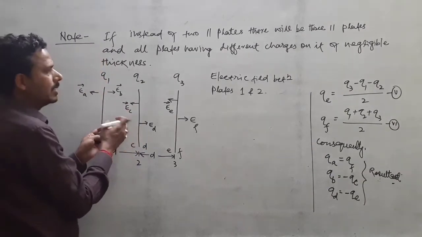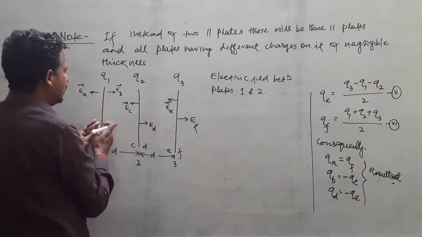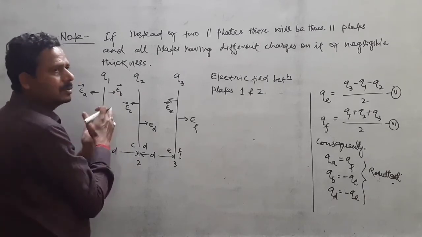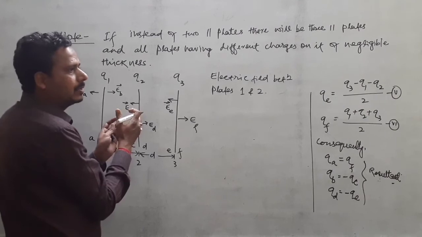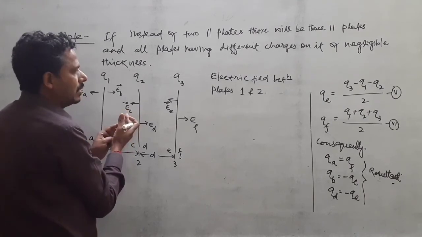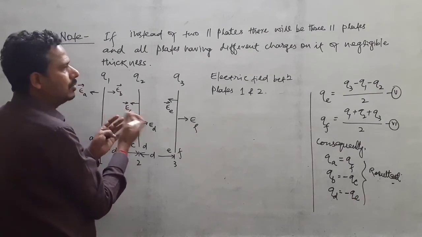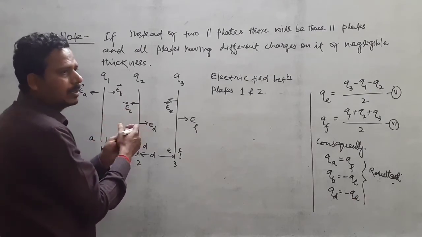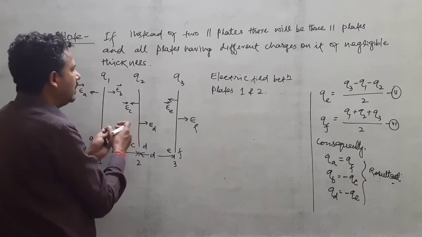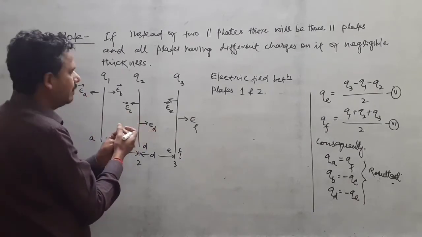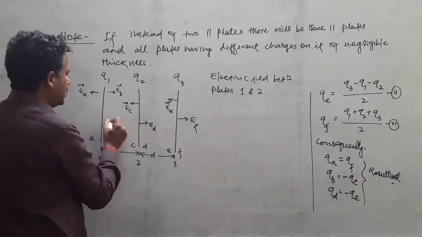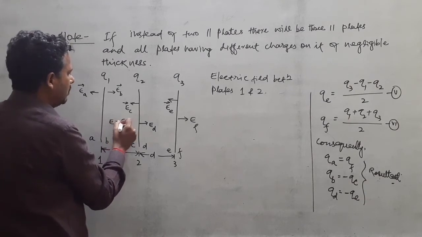This one is EB, which is sigma by 2 epsilon naught, and if you find EC, that would also be sigma by 2 epsilon naught, but negative. But the resultant E would be sigma by epsilon naught.